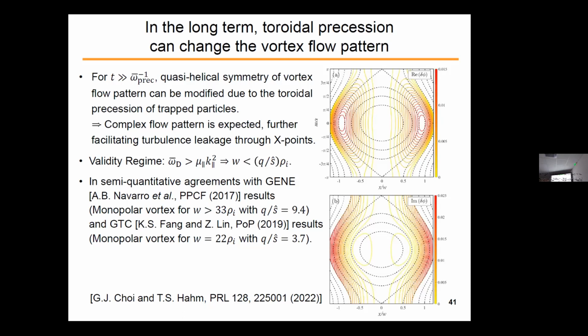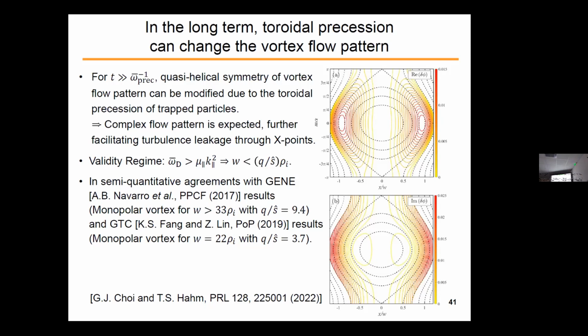because that's axisymmetric, the toroidal precession of trapped particles doesn't interact with the zonal flow, because the zonal flow has n equals 0. But here, for the vortex inside the magnetic island, the toroidal mode number is non-zero.